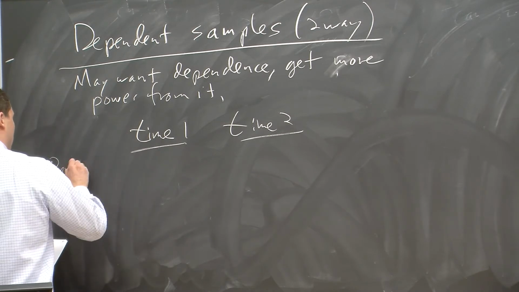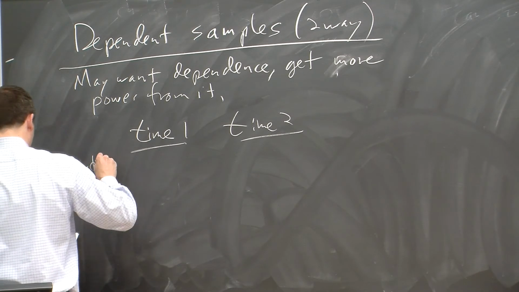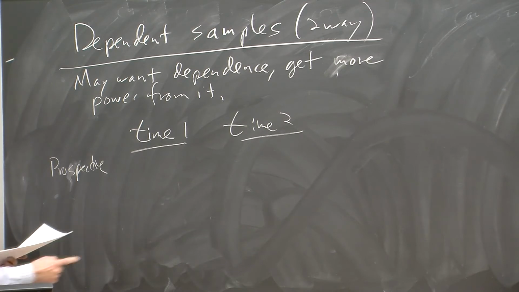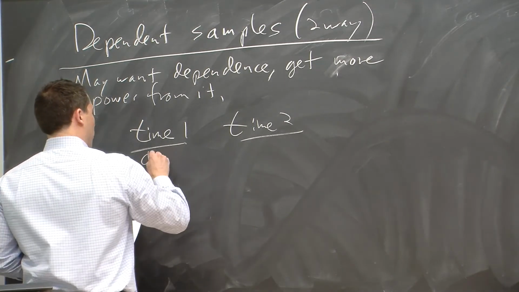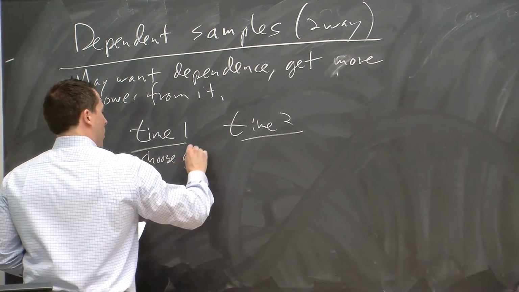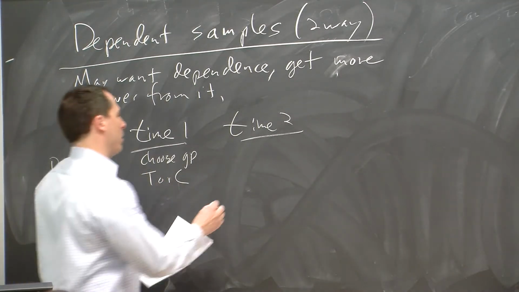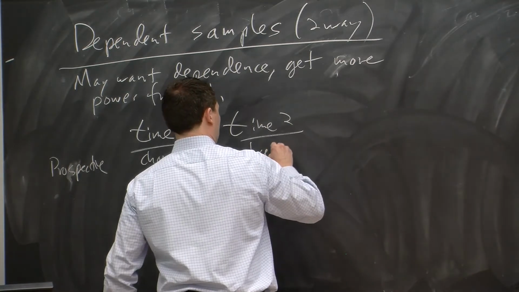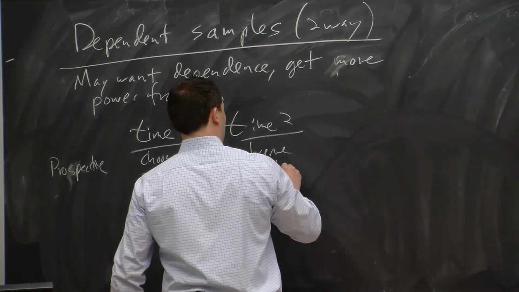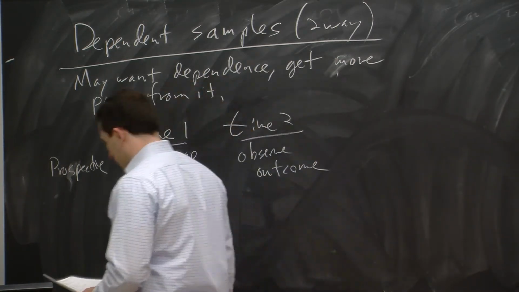We have a prospective study. In a prospective study, at time 1, we choose a group, treatment or control. And at time 2, we observe the outcome. This is like the heart disease study.